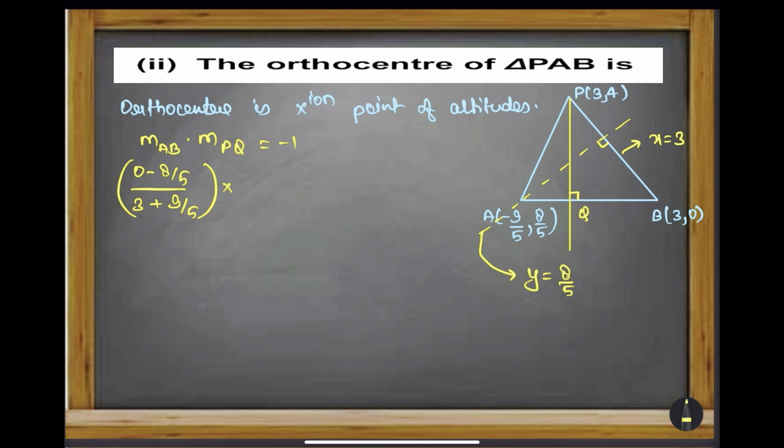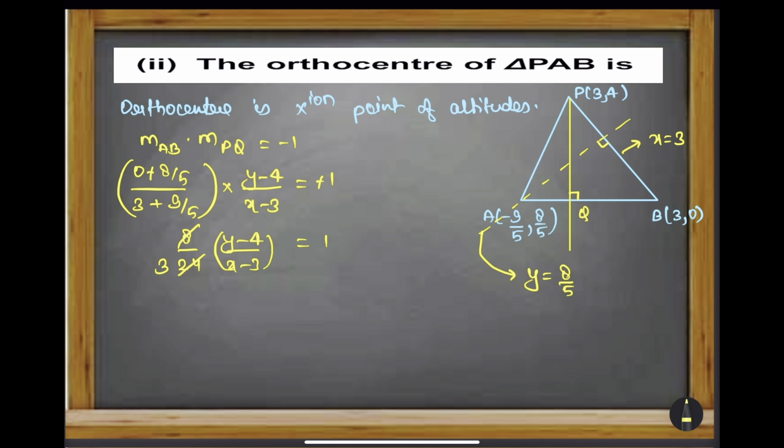Now the slope of PQ. So can I say that (y minus 4) over (x minus 3) times the slope of AB equals minus 1. So this minus and this minus will be neutralized and we will be left with 8 by 24. Okay, this is correct.